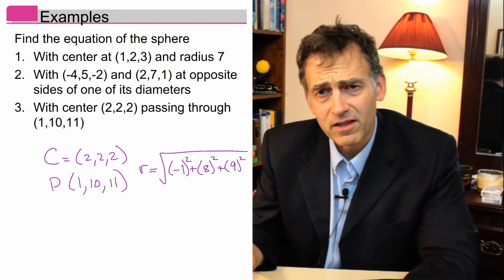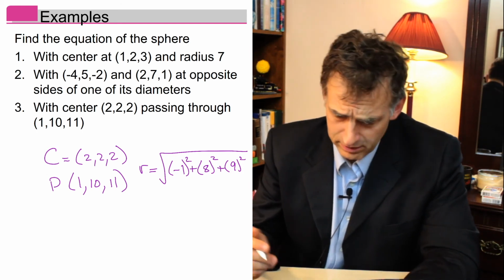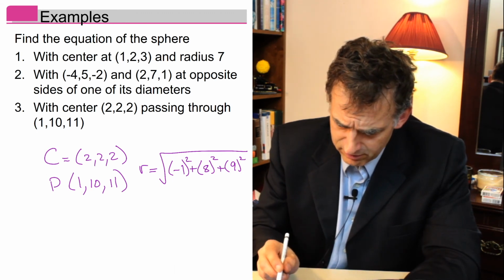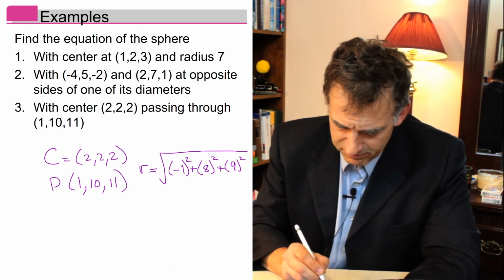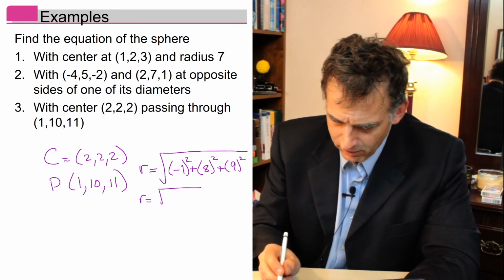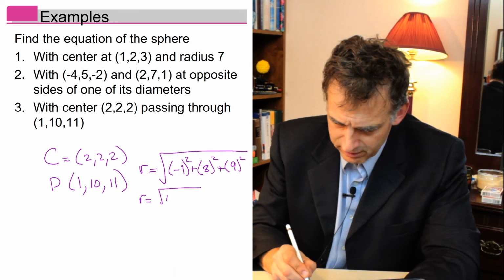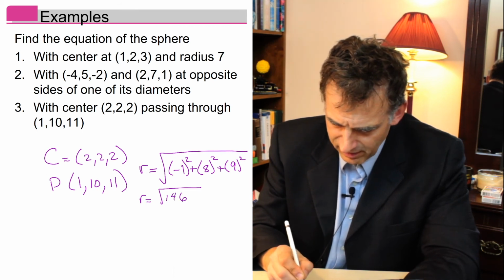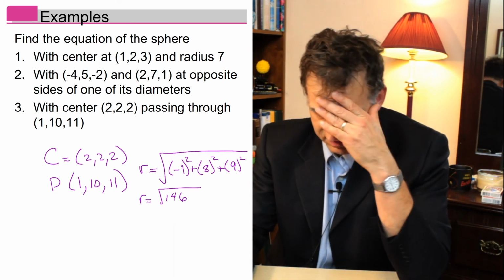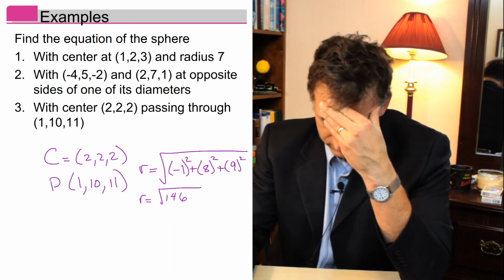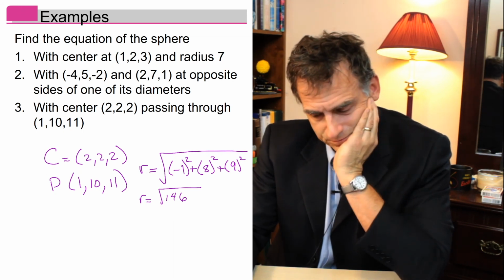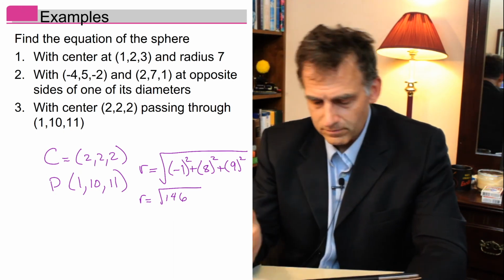I think you can handle that, I hope. Anyway, we're moving on. We've got 1, 64, and 81. 1 plus 64 plus 81 is 146. So close to 12 squared. Isn't that sad? 144 is 12 squared. Yeah, 146. So there it is.